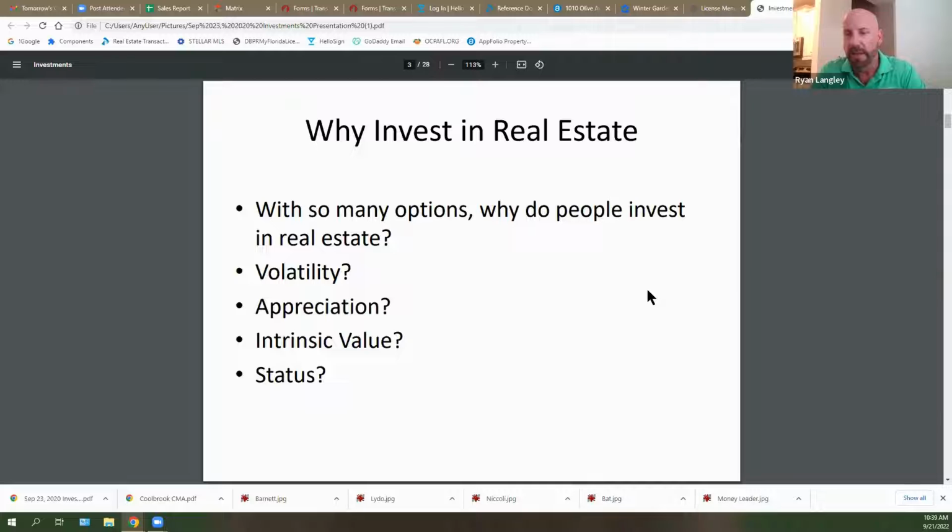Some people do it, and we're going to talk a little bit about this, for emotional, psychological reasons. They want to be a quote unquote investor. It's a status thing. You guys have all had that. I've heard you say, I was out to dinner and somebody came up to me and we were talking about what I do, and he says he's an investor, and I want to find these properties for him.